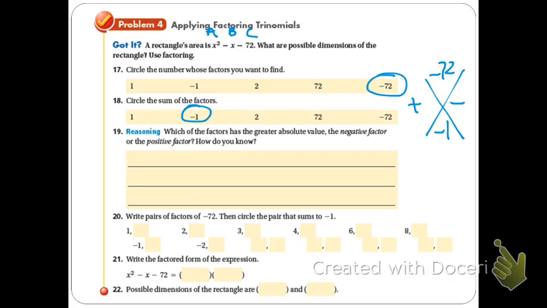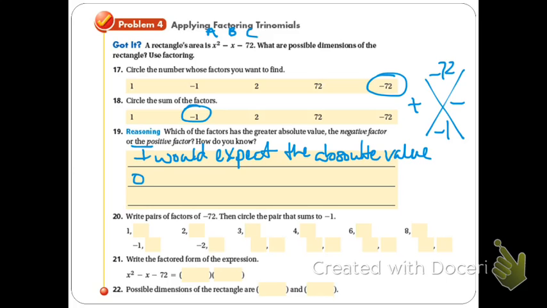Best way to write this would be, I would expect the absolute value of the larger of the negative factor.